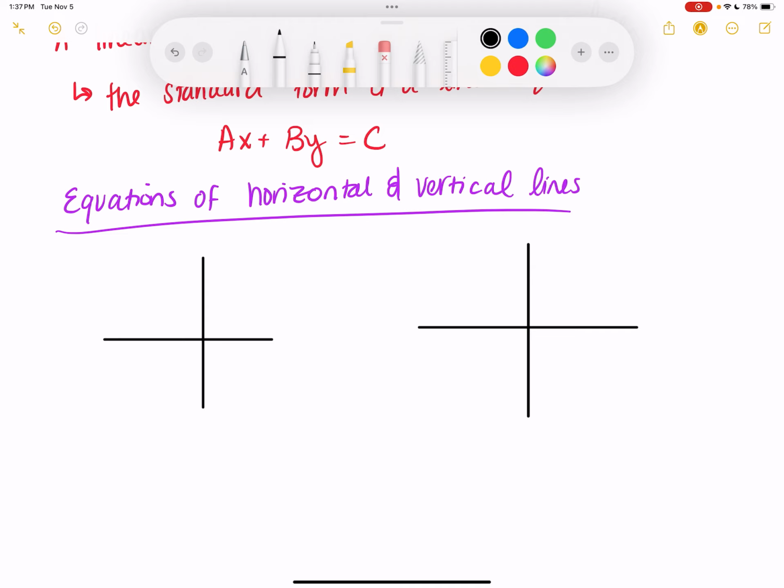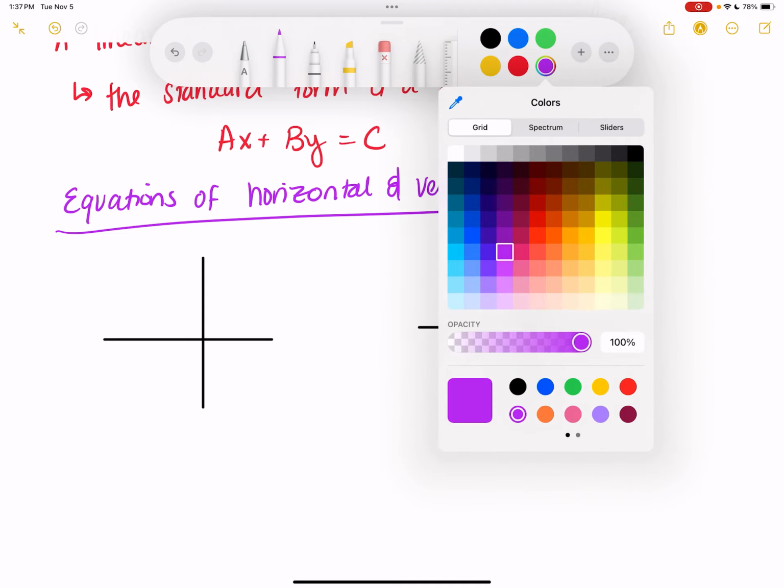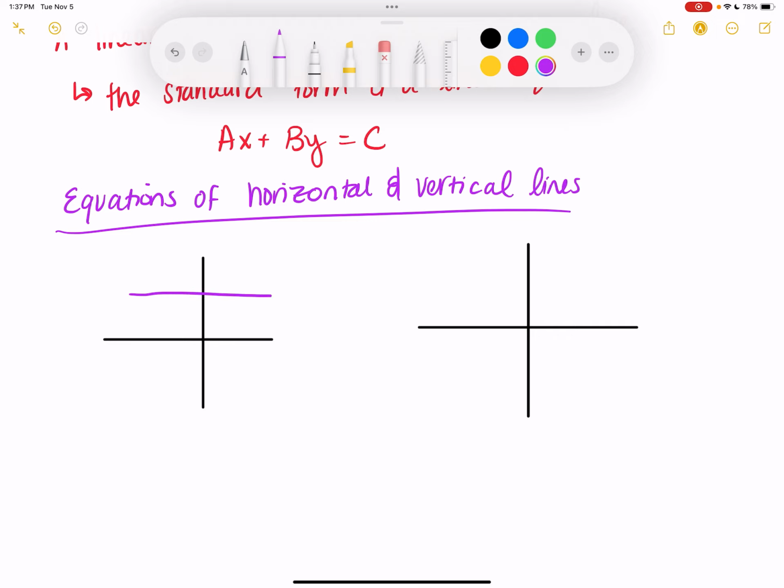If I have a graph that looks like this, with the point (0, b) on the y-axis, the equation of this line would be y equals b.